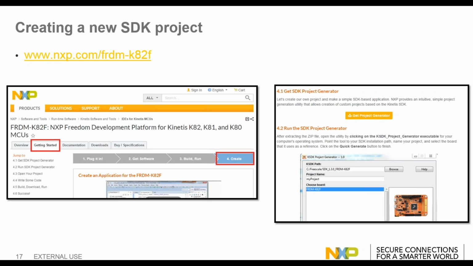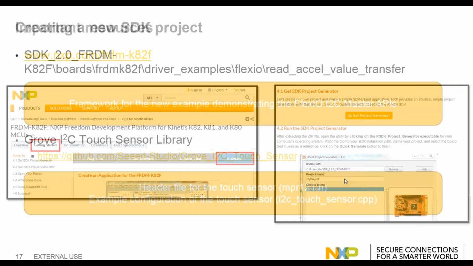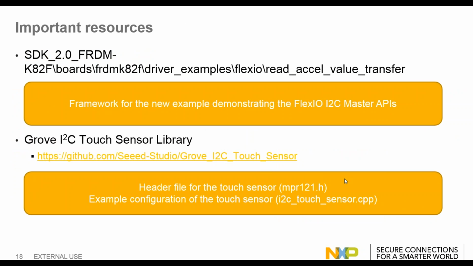Once you have this SDK downloaded, you go to this website for the Freedom KD2F. You click on Getting Started, and there will be a screen to allow you to get the project generator tool. And once you get this project generator tool, you can create a new project. This will create a folder in your SDK that allows you to create a new project.